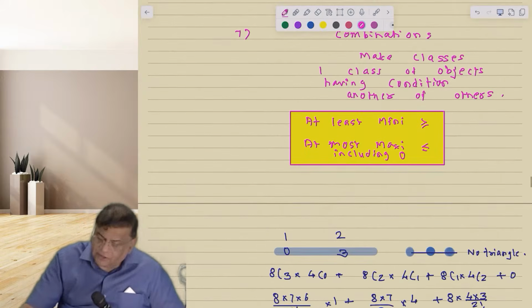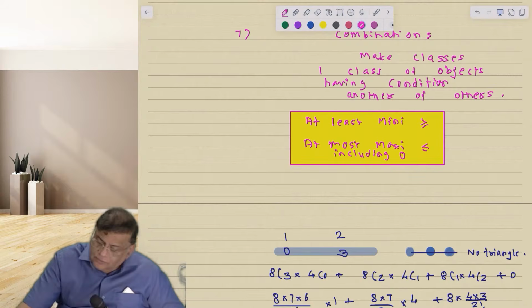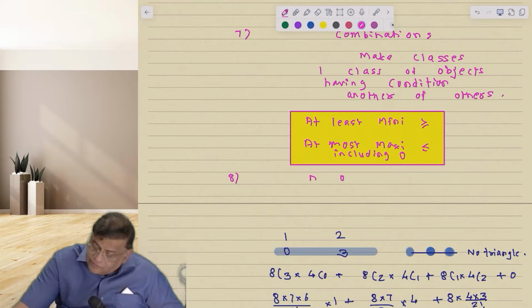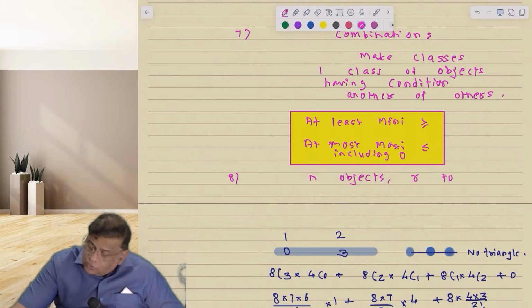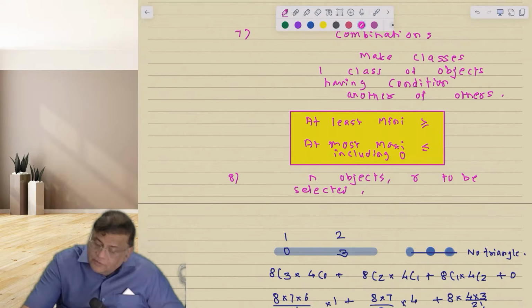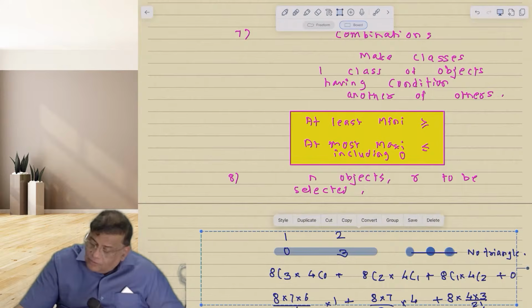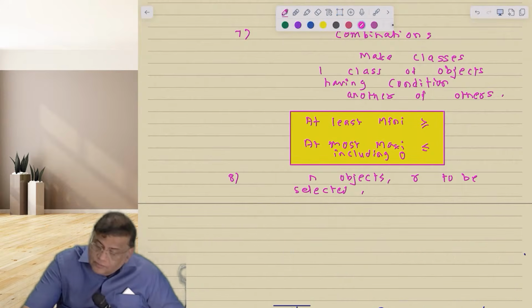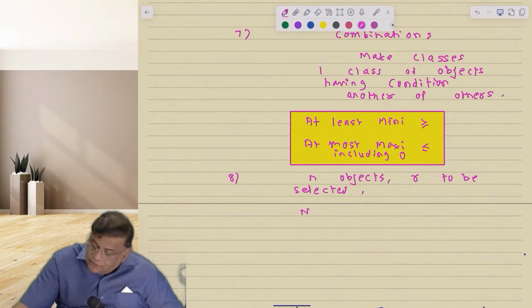Now, in this case, if there are n objects, r are to be selected, then the number of combinations is equal to the number of selections.